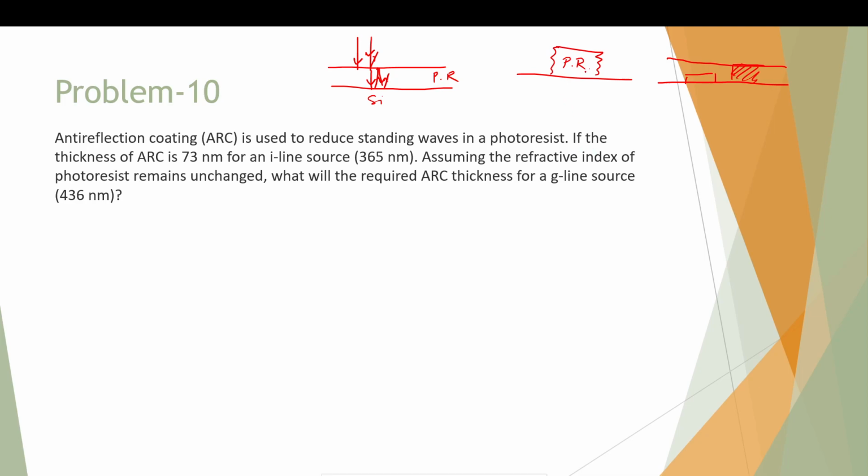So it is essential that we reduce this total internal reflection, or the light getting trapped in the cavity here, and for that they use something called an anti-reflection coating.